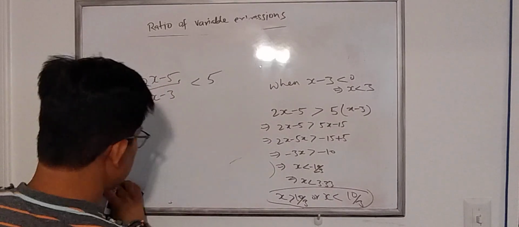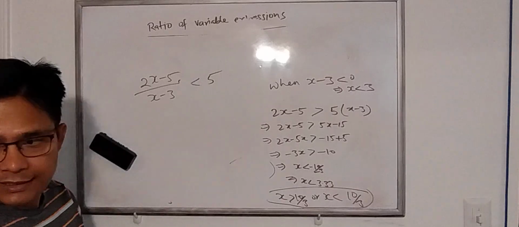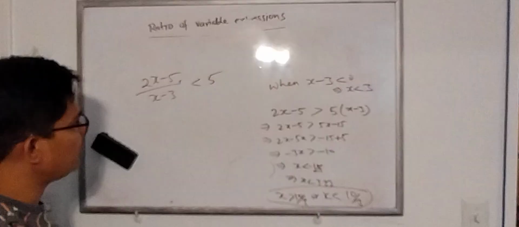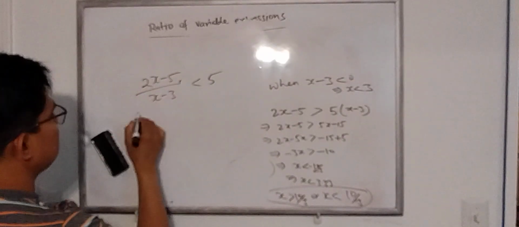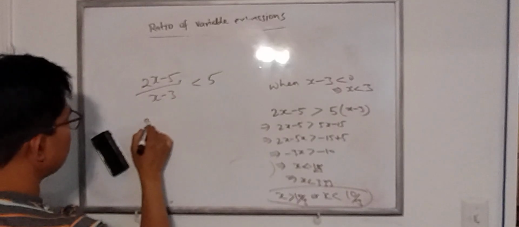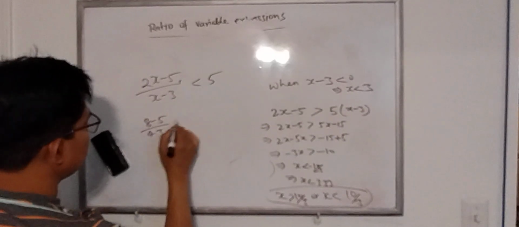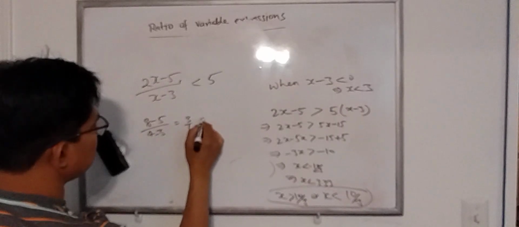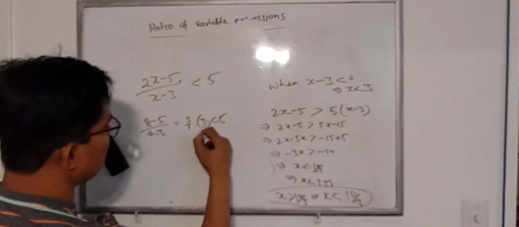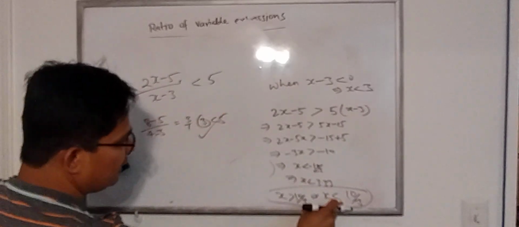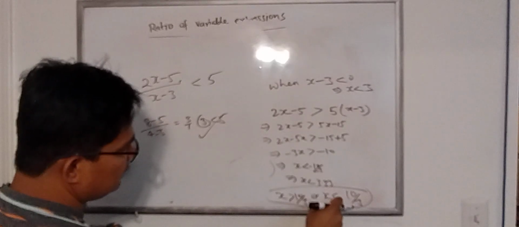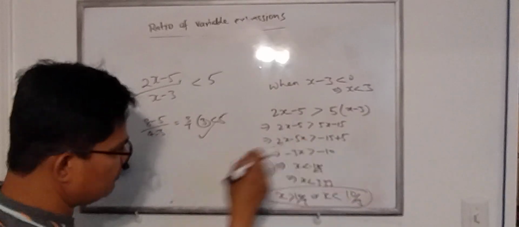So x is greater than 10 by 3, so let's take x is equal to 4. So 4, if I put 4 here, 8 minus 5 divided by 4 minus 3. So 3 divided by 1, which is 3. 3 is less than 5, correct. If I take x less than 10 by 3, let's take minus 5.